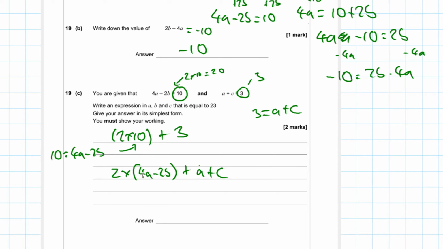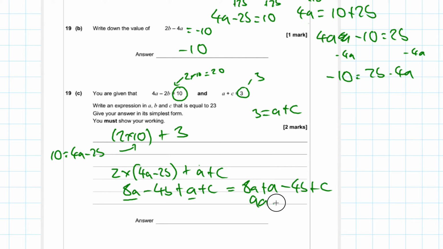From here we could do 2 times 4, which is equal to 8a, minus 2 times 2b is 4b, plus a plus c, and 8a, so then we take each thing, so it's going to be 8a plus a minus 4b plus c. 8a plus a is 9a minus 4b plus c. And that gives us our final answer, which is 9a minus 4b plus c.